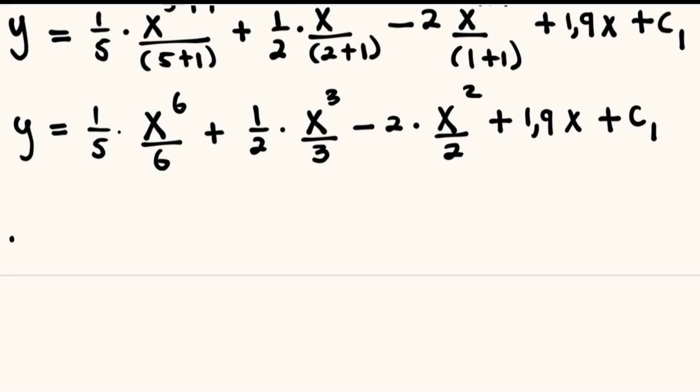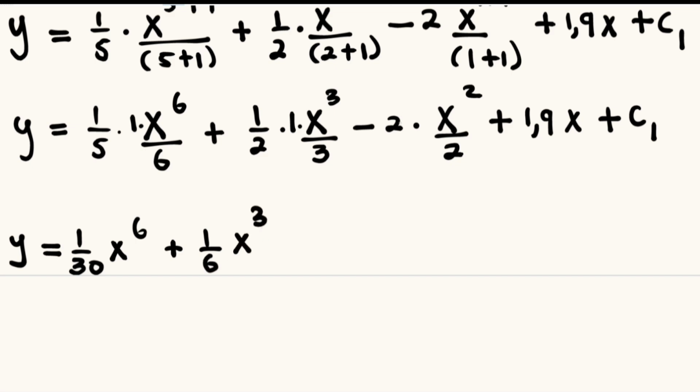Further simplification, we have y which is equal to 1 over 5 multiplied by 1 over 6, which is equal to 1 over 30, multiplied by x to the power 6, plus 1 over 2 multiplied by 1 over 3, which is equal to 1 over 6, multiplied by x cubed, minus 2 over 2, and that 2 will cancel out and we have negative x squared plus 1.9x plus our constant c1.